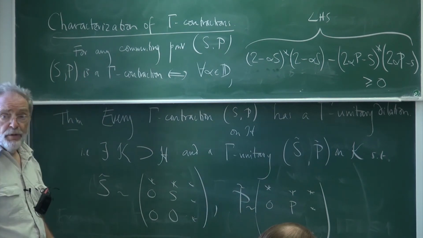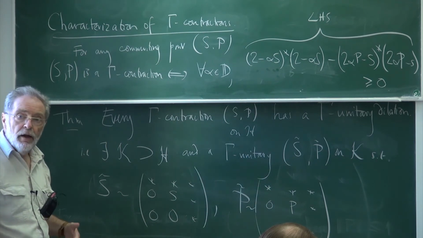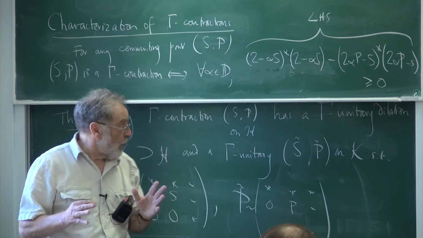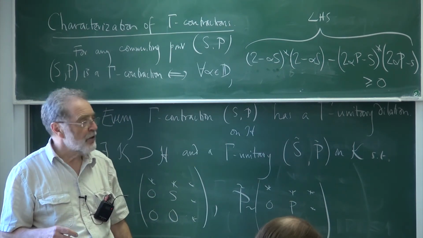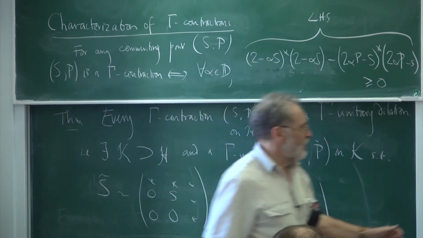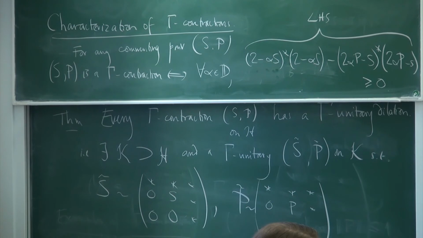So the main step in the proof was to show that if gamma is a spectral set for a commuting pair of operators, which is of course the definition of a gamma contraction, then actually it's a complete spectral set. So what that means is, in the definition of gamma contraction here, this is for all scalar polynomials G. That's how it was initially defined.